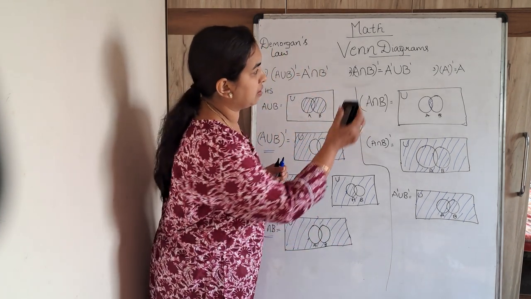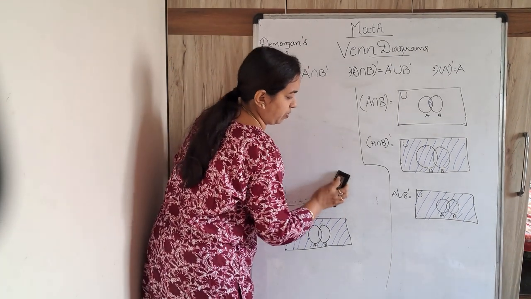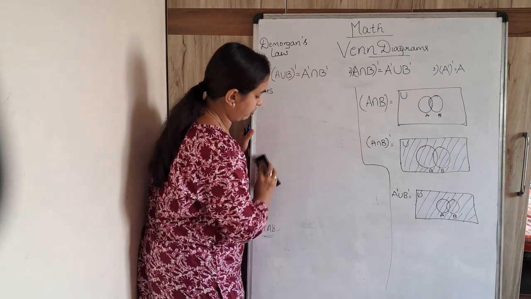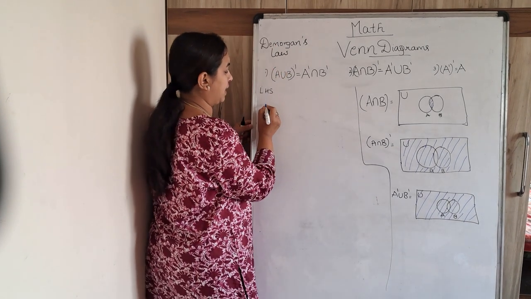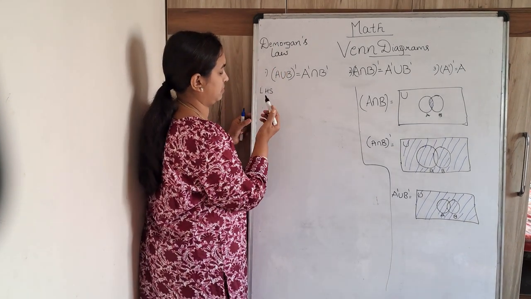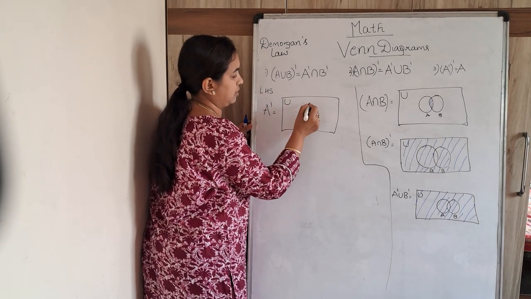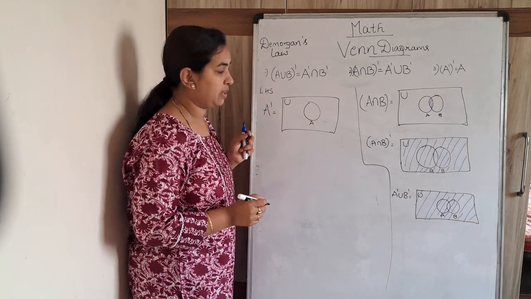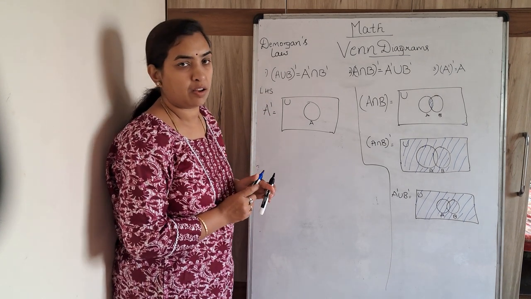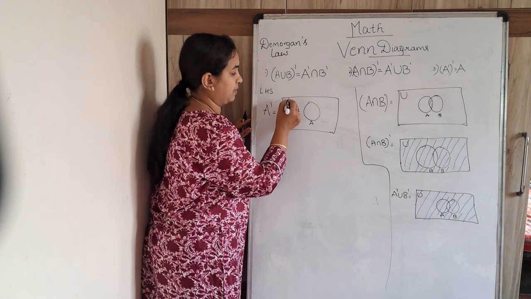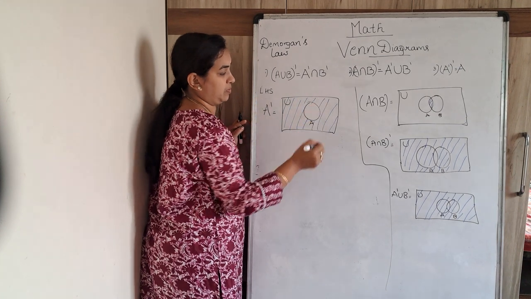Okay. Next, in order to prove A dash whole dash is equal to A, first let us write down the Venn diagram which represents set A dash. So this is our universal set and this is our set A. Okay. In order to represent A dash, we need to shade everything of the universal set except the set A. Okay.